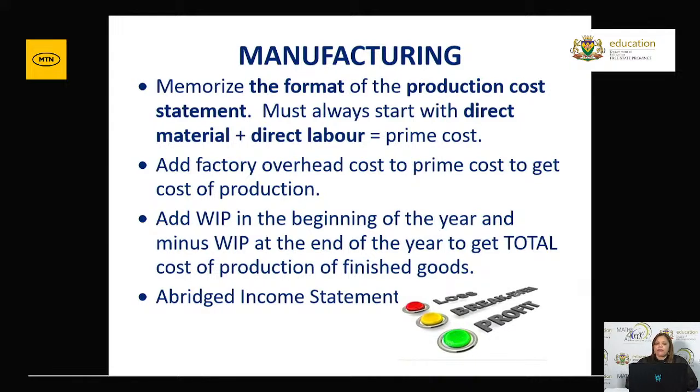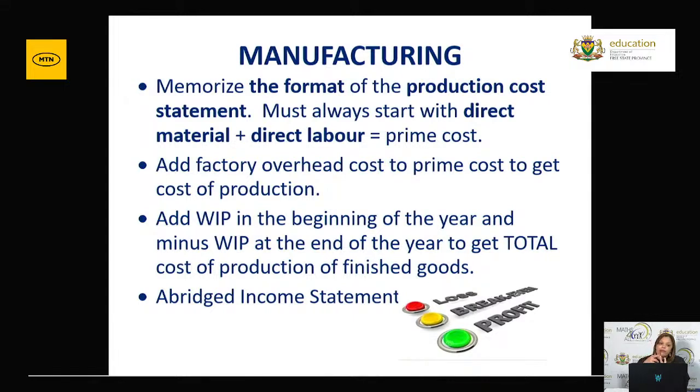Add work in progress in the beginning of the year and minus work in progress at the end of the year to get total cost of production of finished goods. I always say work in progress at the beginning, work in progress at the end, and total cost of production. The 3 of them go together. So if you are given work in progress at the beginning and work in progress at the end, then you have to work your way down to total cost of production.